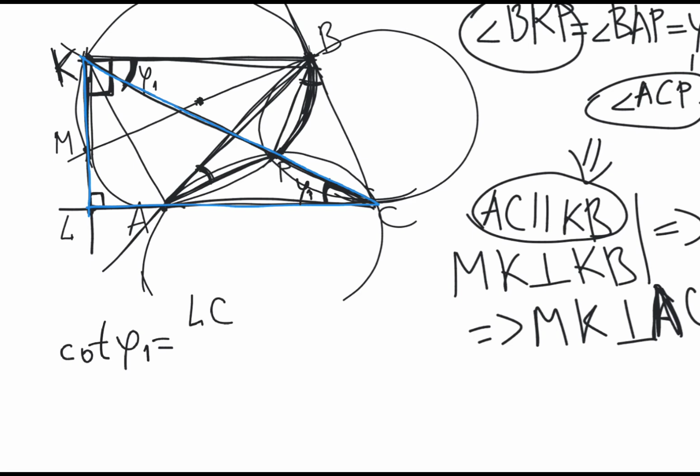By definition of cotangent, it's LC over KL. Now we divide LC into 3 parts. We also consider the altitude here from B. This is an altitude, and this point is HB.